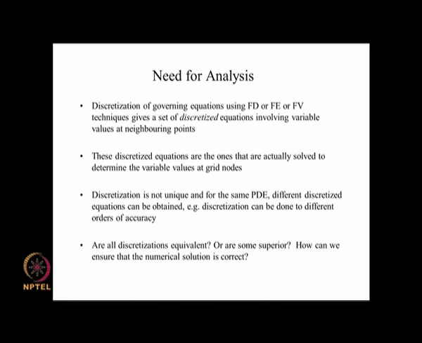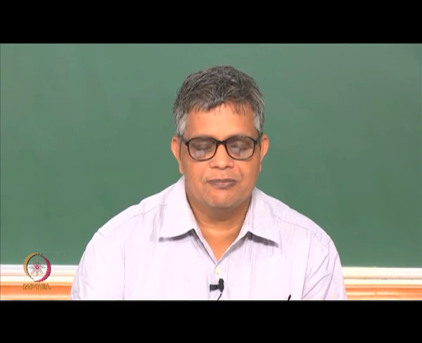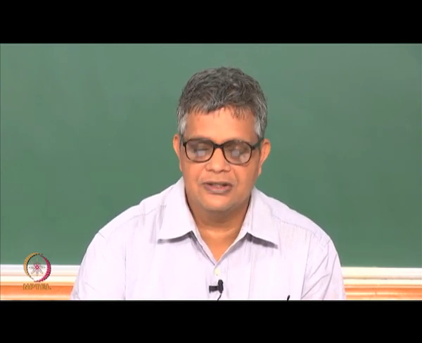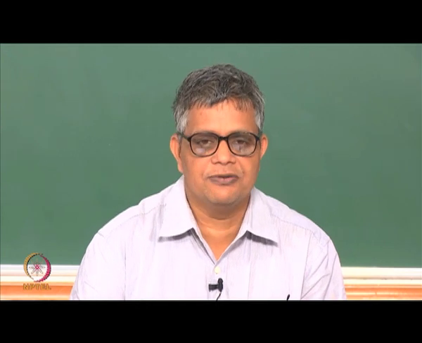And as part of this derivation, we have seen that for a given derivative a number of approximations are possible, and when you have a number of such derivatives that appear, there can be a number of possible schemes by which the overall partial differential equation can be converted to an algebraic equation at a particular space and time location. This can be applied for all the points at which we want a solution, and we can have a set of equations which will then be used to find the solution.